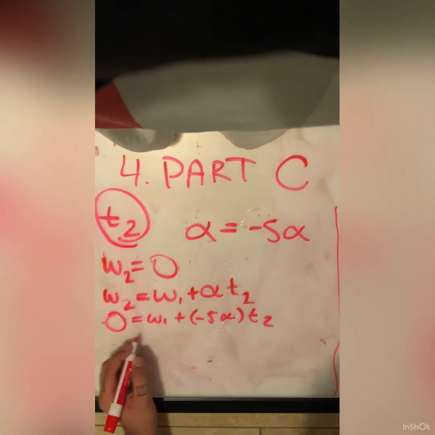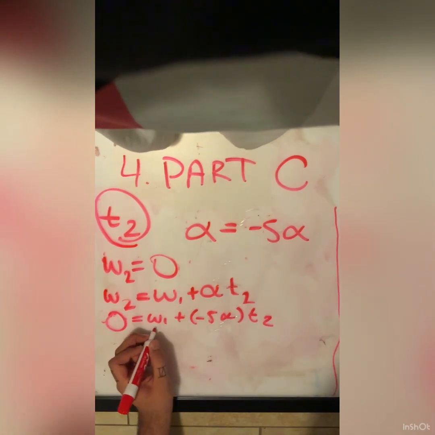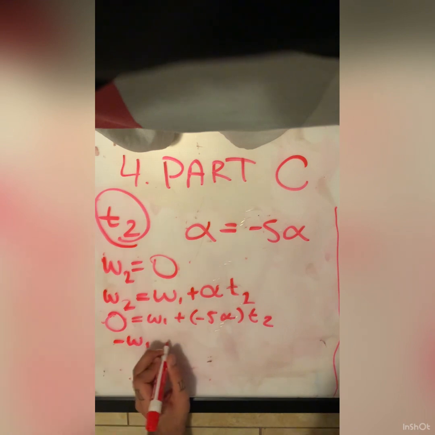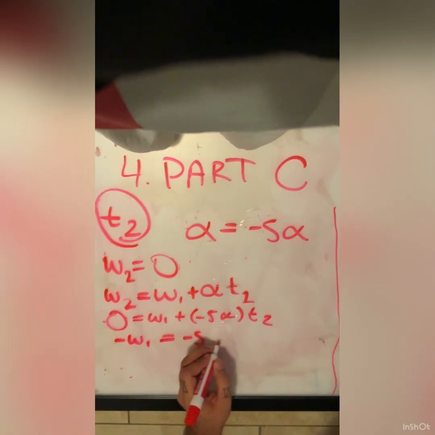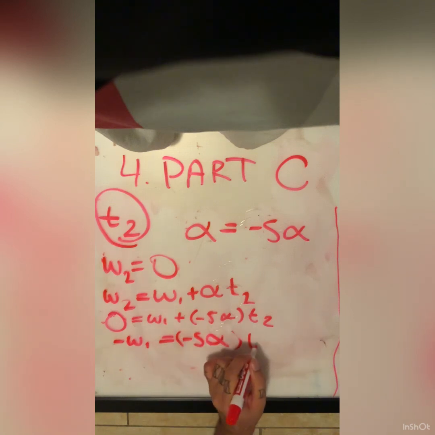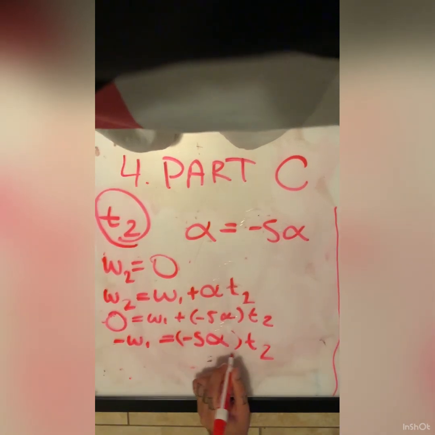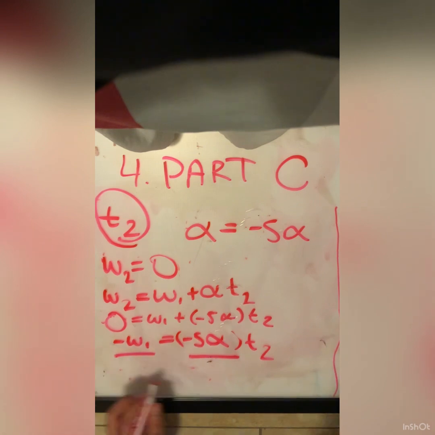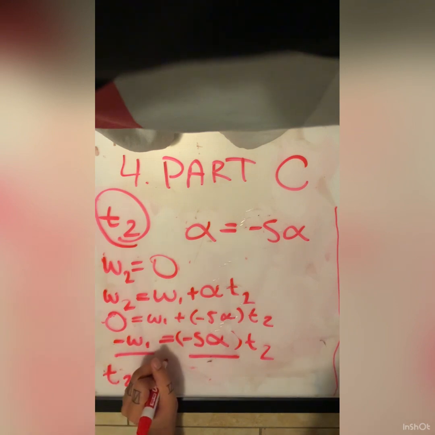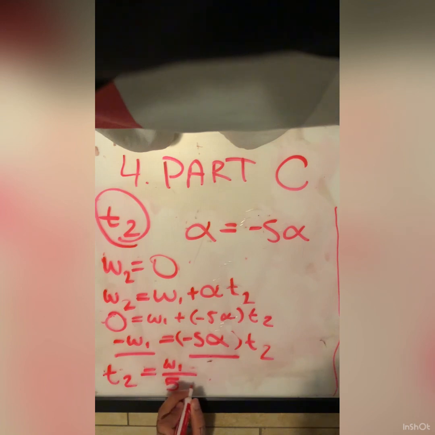So with this, we're just going to subtract the first angular velocity and that gives us -5 angular acceleration times the second time. Divide by the acceleration, and we get the second time is equal to the first angular velocity divided by 5 times the angular acceleration.